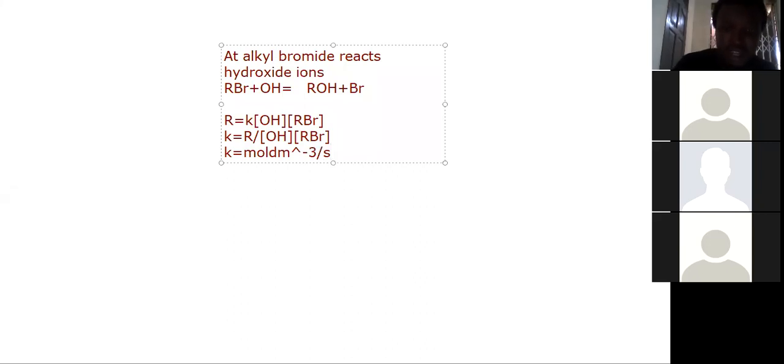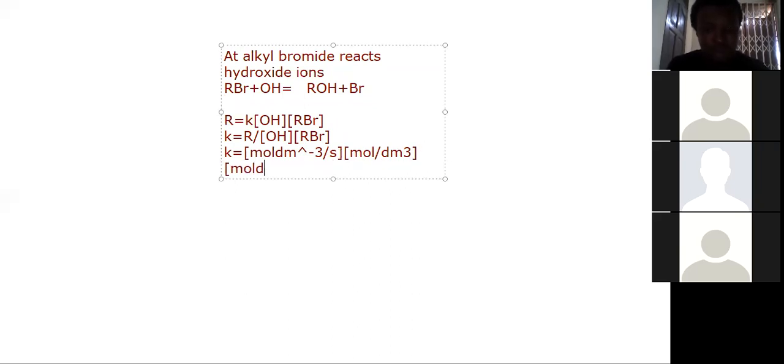All of that is divided by, let me put it in a bracket, the formula for concentration, mole per dm cube. There are two concentrations, so this one too is mol dm⁻³.